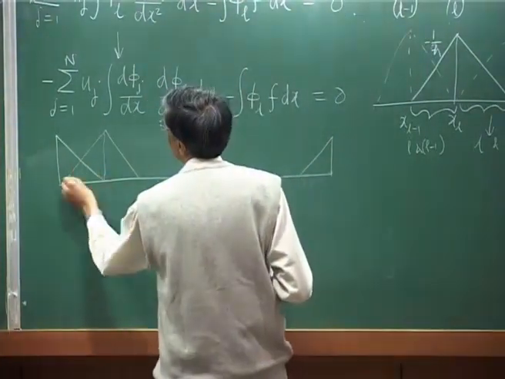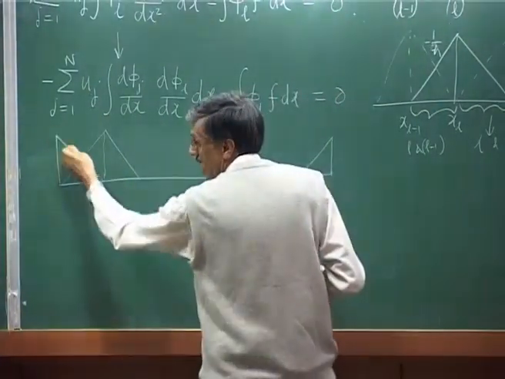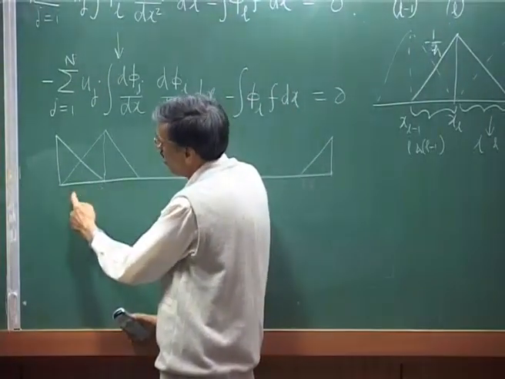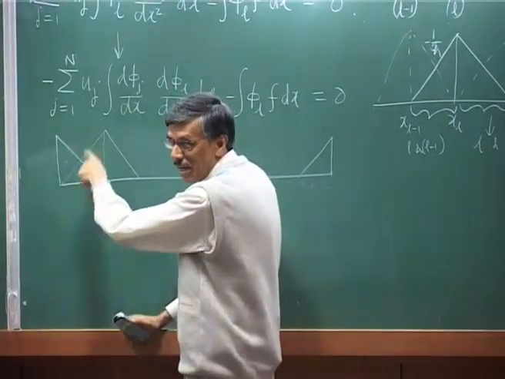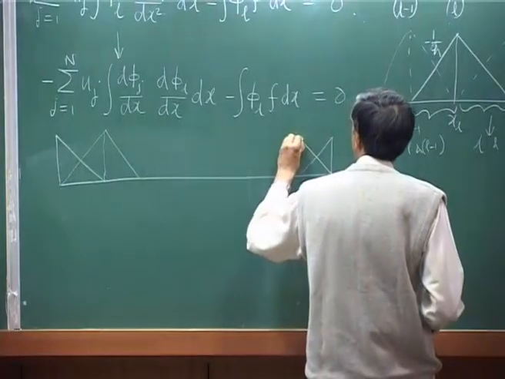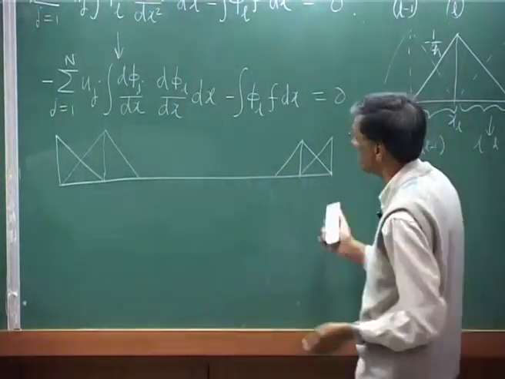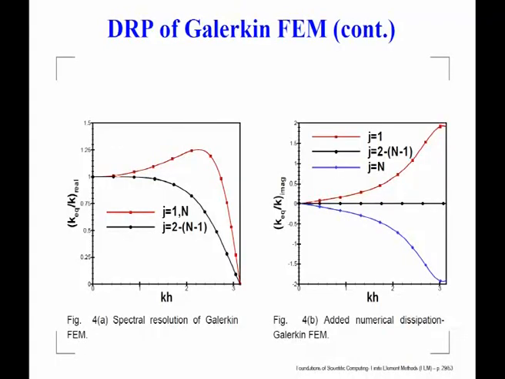The second element is a regular element with 2 parts, but the first element only has this part, because what you want is that in this range, everywhere this plus this should add up to 1, and that is what you get by having this. In the same way for the (n minus 1)-th node you would get this kind of a representation, and this makes it somewhat one-sided, and that is what we are seeing here.